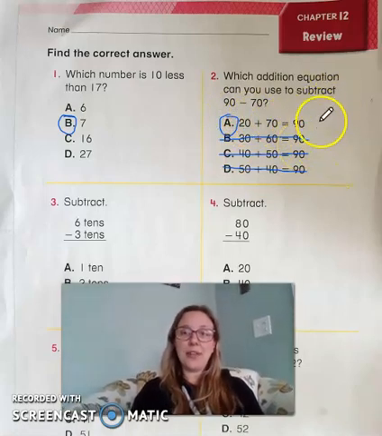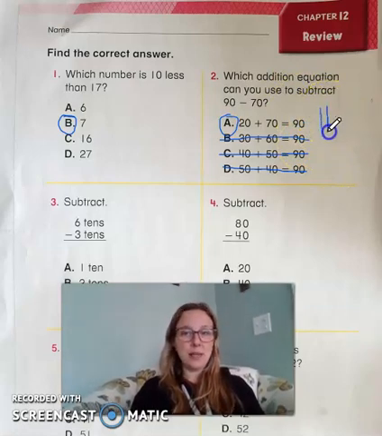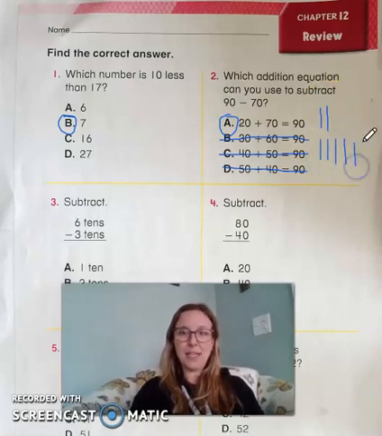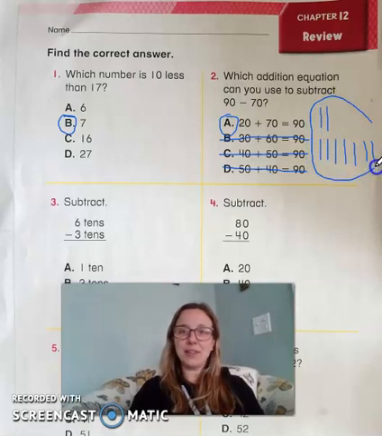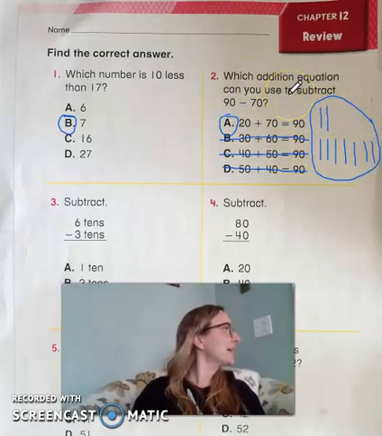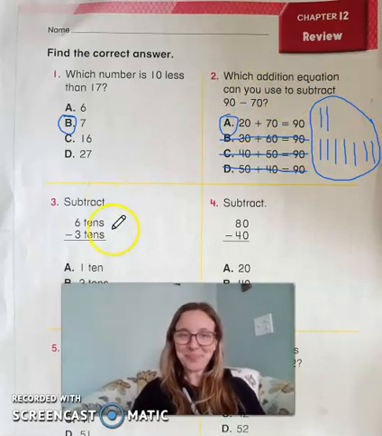And if I were to draw that out, that would be 10, 20, plus 10, 20, 30, 40, 50, 60, 70. And if I add all of those up all together, that would give me the 90. So I know that A is the correct choice.